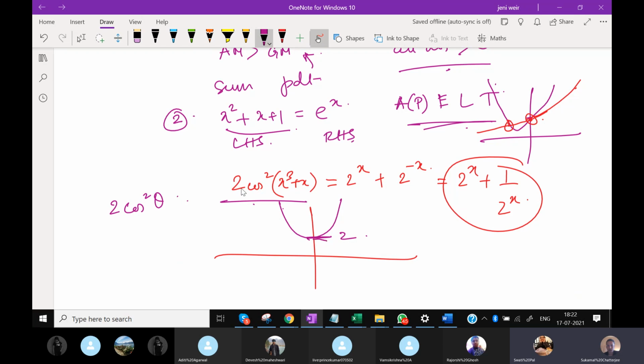And after that, cos theta between, let's say 0 to pi by 2, what happens to cos theta? It goes from 1 to 0. Yes, sir. That means it's a fraction. That means cos square will be a fraction, and a fraction which is less than cos theta. Correct?